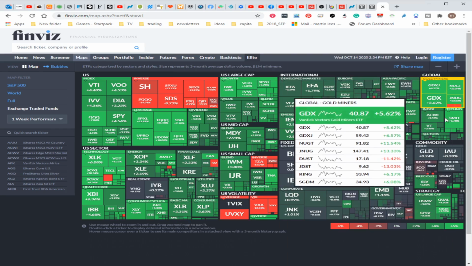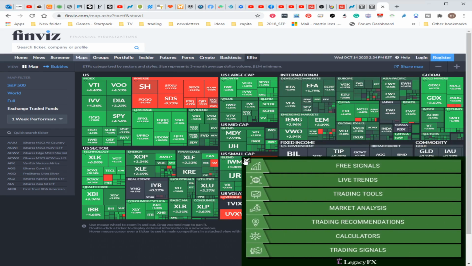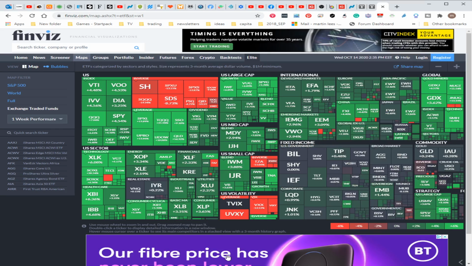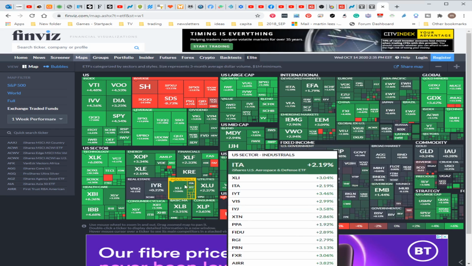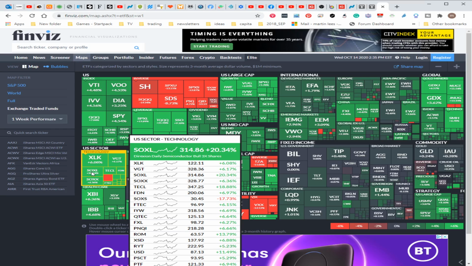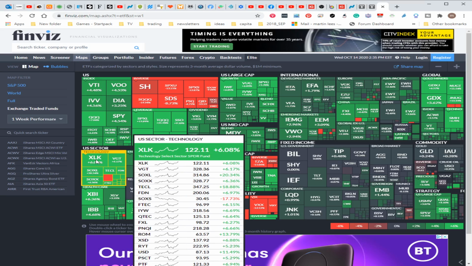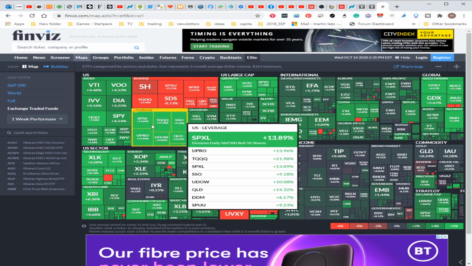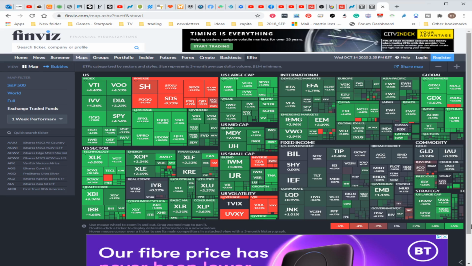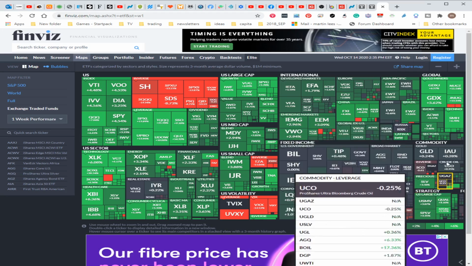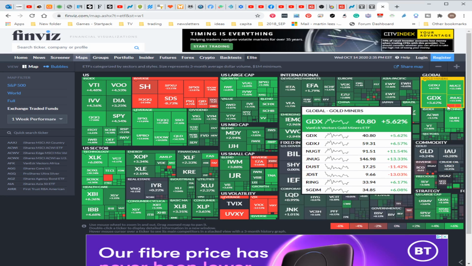The exchange traded funds is what it says. So you can look at the gold miners, look at the relevant commodities, the relevant fixed income, how they're performing. You've got your bellwether semiconductors, you've got your technology, you've got your inverse products, and you can zoom in to actually get some sort of idea of what you should be looking at.